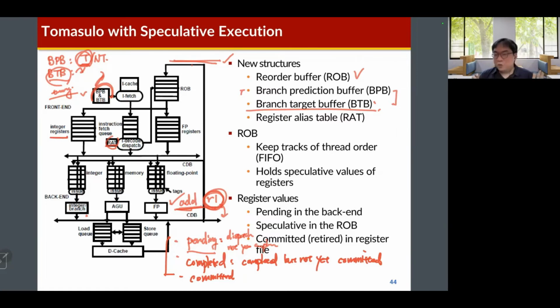Committed: the register has a known value, because the result is updated to the registers. So the register file has these three states for each register. The register alias table manages the status of registers, and there are three states: pending, completed, and committed.